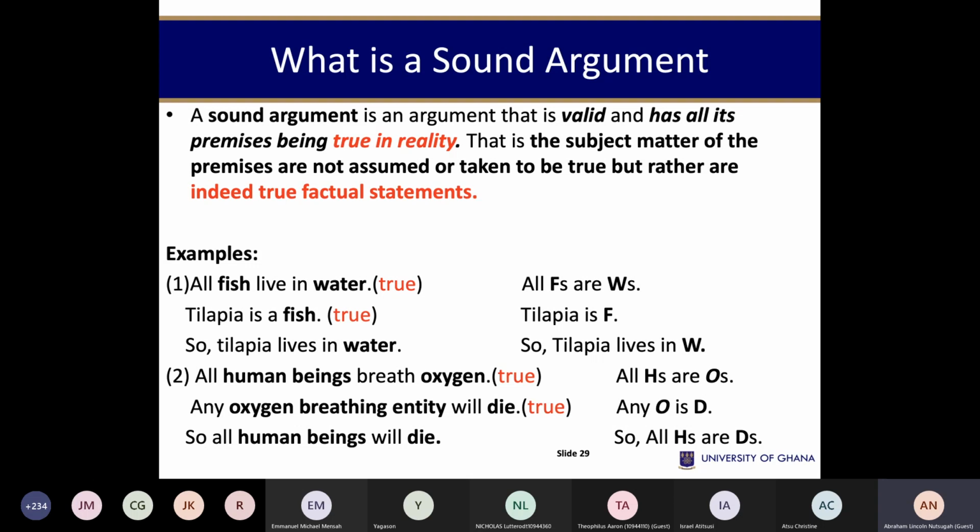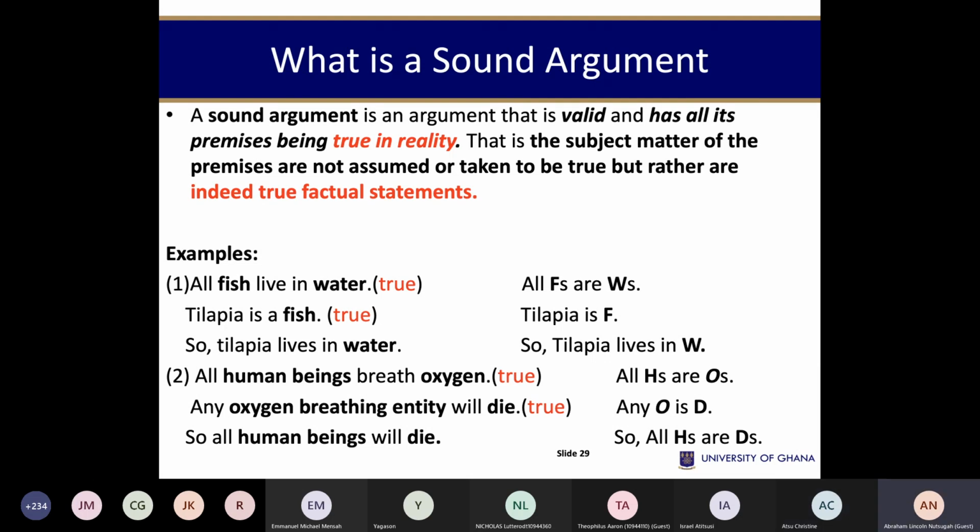Then we can say that that argument is sound. So if you look at the first example, all fish live in water. You know that this is a true statement. Tilapia is a fish. You know that this is also true. But if I should change this to say that Kweku is a fish, you know that Kweku is not a fish. So in that case, that argument will not be sound, even though it will be valid.